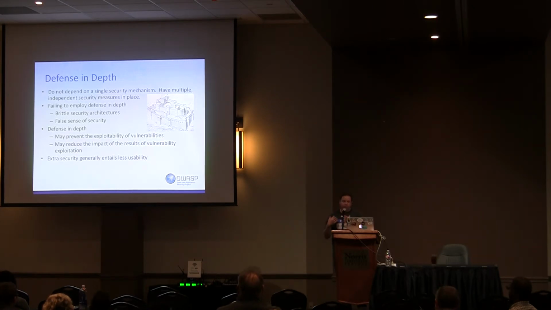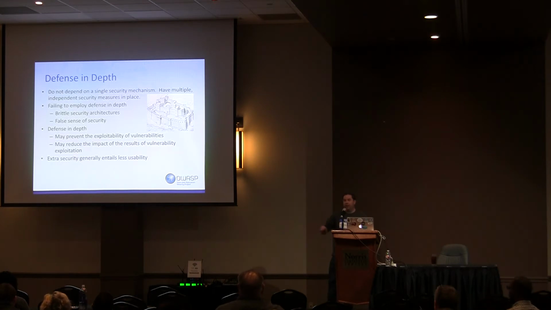If you do defense in depth, it could prevent the exploitability of vulnerabilities, or in some cases it may reduce the impact of the results of the vulnerability exploitation. For example, you may have some vulnerability that allows somebody to download a file. Maybe you have a publicly accessible S3 file. That's a big thing these days, right?